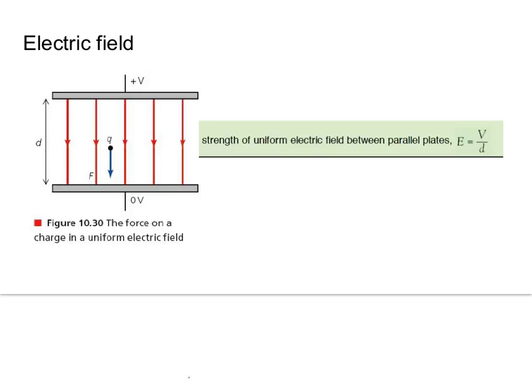Let's have a quick look at electric fields inside a uniform field plate. The actual maths is a lot more straightforward, okay? Just to remember, a uniform field would have a positive plate of a certain value and a negative plate of a certain value. The electric field strength is the voltage over the distance, but remember there were two relationships for this.